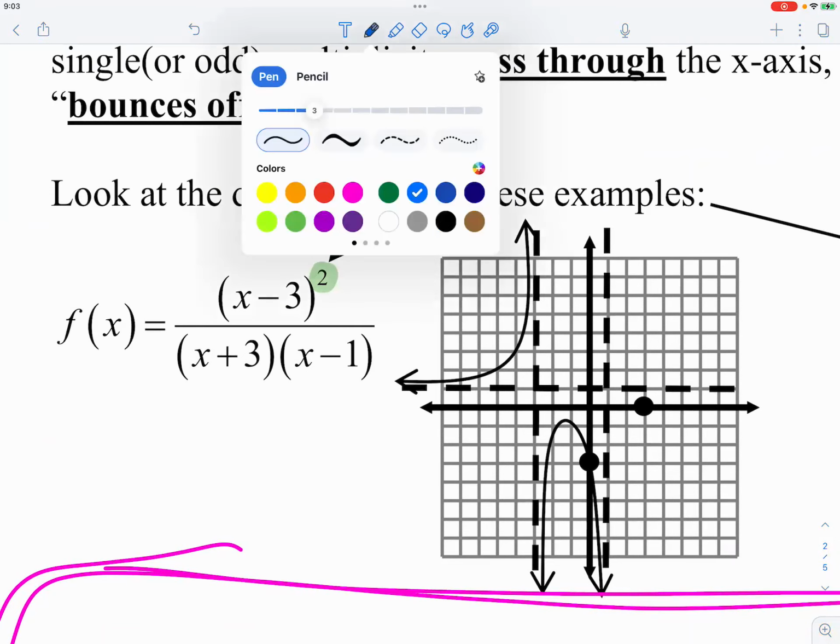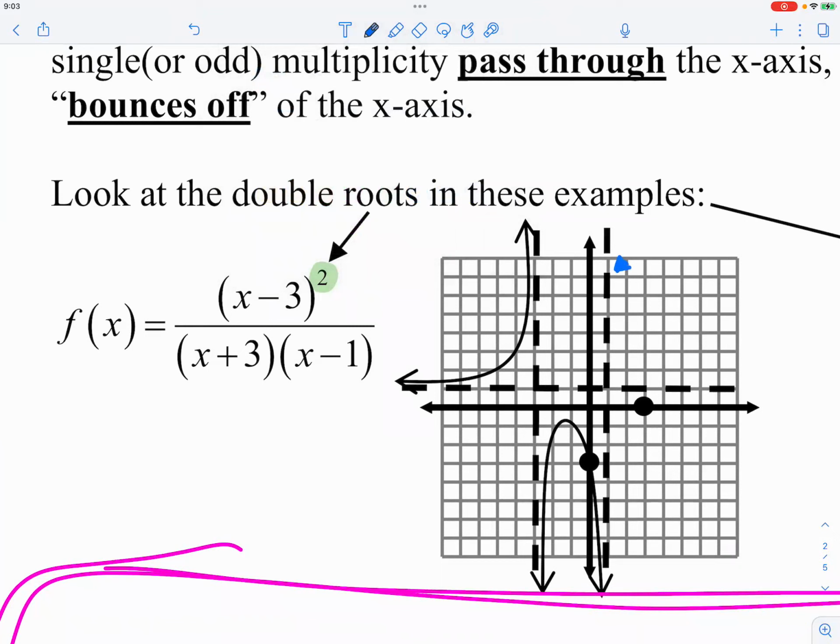We are going to draw the graph from here, and then it's going to come down and hit the x-intercept. But because of the appearance of the square, there will not be any kind of sign change, which interprets as a bounce. So it'll bounce off the x-axis, and then it will lean closer to the horizontal asymptote.